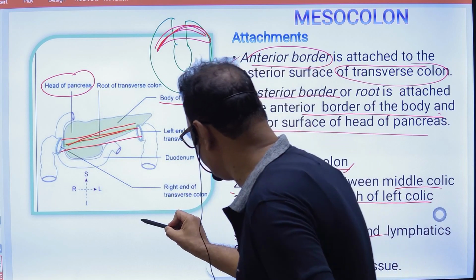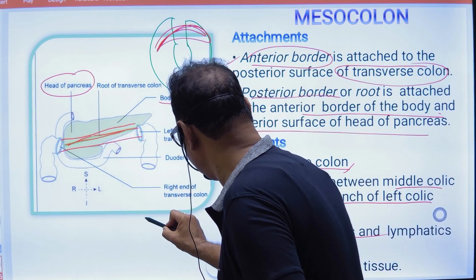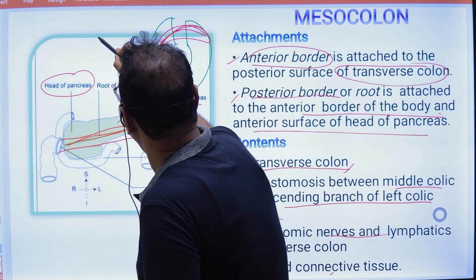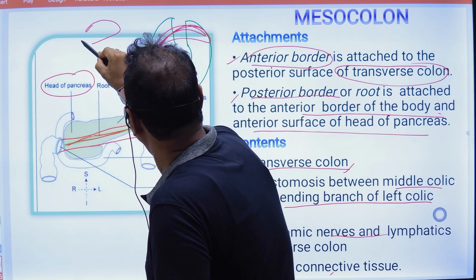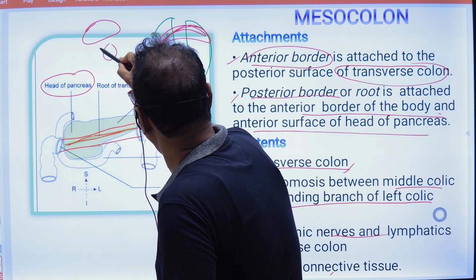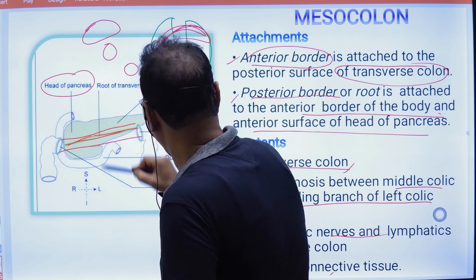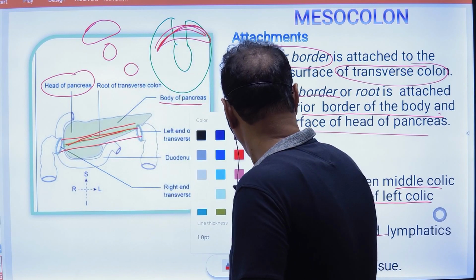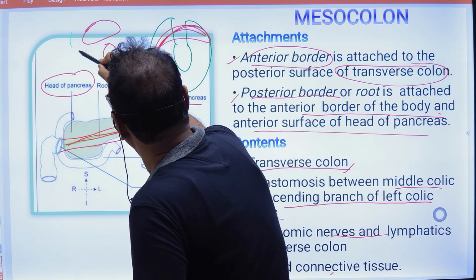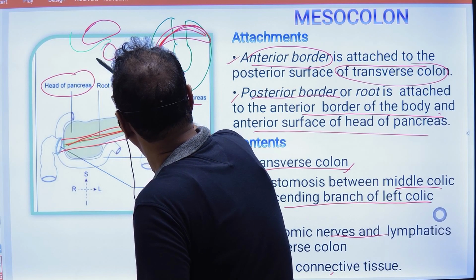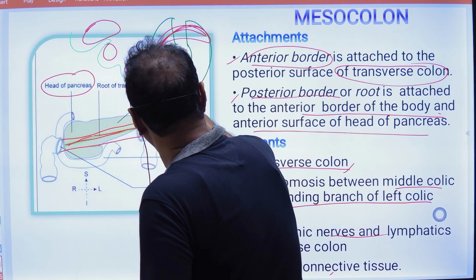The anterior border is attached to the posterior surface of the transverse colon. We are viewing from behind. We have got the transverse colon over here. The liver, then we have got the stomach over here, and the transverse colon. It is coming like this.